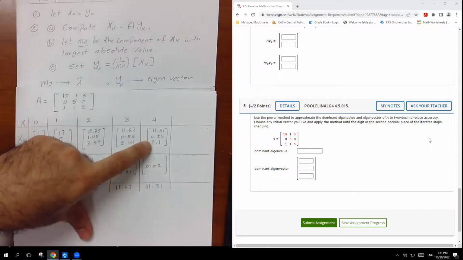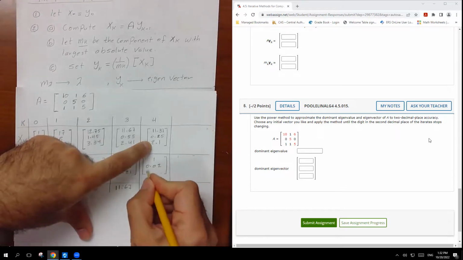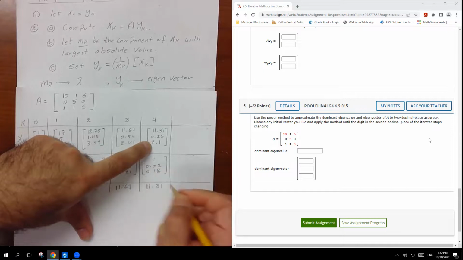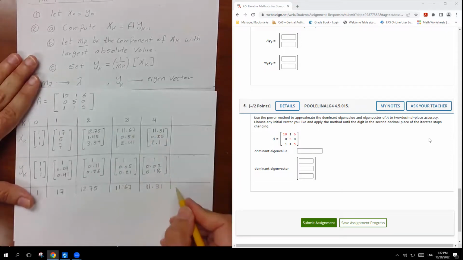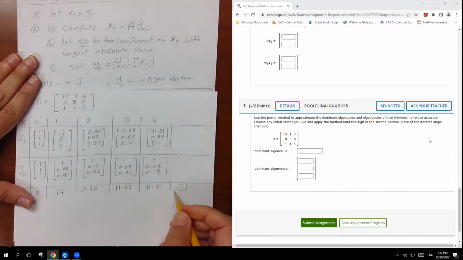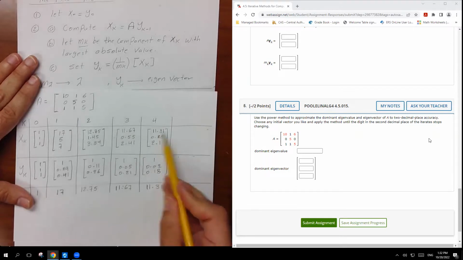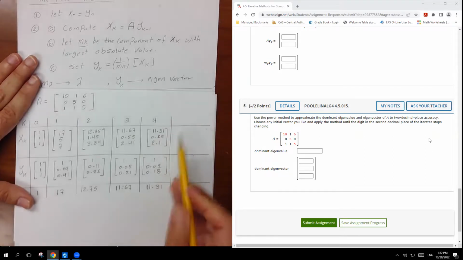And multiplying by 2.1 gives 0.18. So check, the eigenvalue approaches 11 as an exact solution. And this one approaches 11 as an eigenvector.